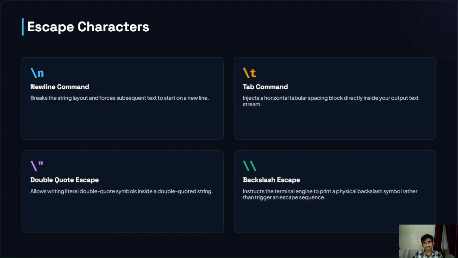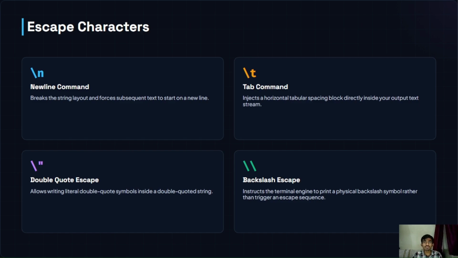Maybe we want to move text to the next line instead of the same line using one single print statement. Maybe we want to print the quotation marks themselves, using double quotation marks, printing double quotation marks, not using single quotation marks. We need escape characters for that.